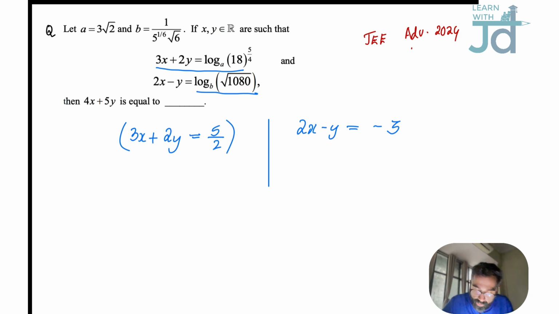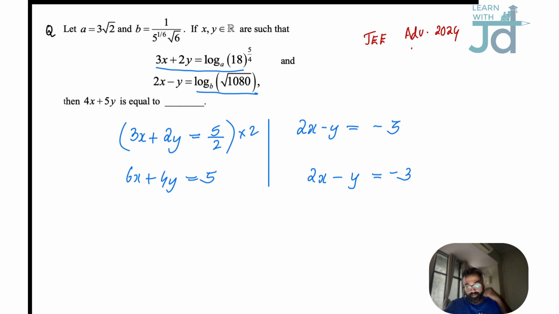So if you have to solve it, you will have to multiply this equation by 2. So you will get 6x plus 4y is equal to 5, and here you will get 2x minus y is equal to minus 3. There is no other way to do it, otherwise I was thinking if you can add it and you will get this term. But it's not easy, you will have to solve it.